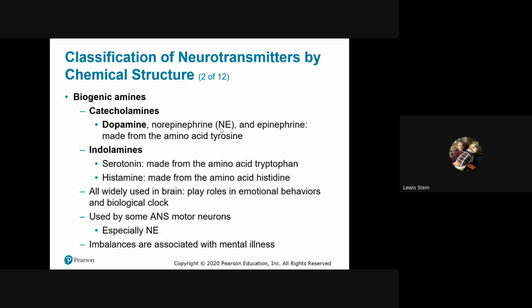The selectivity is the receptors, not the serotonin itself. So it's designed to work on specific receptors in specific systems. Their effects are sometimes excitatory, sometimes inhibitory. Tryptophan is the one typically associated with it. If we're looking at classic serotonin receptors, they are more often inhibitory than excitatory.